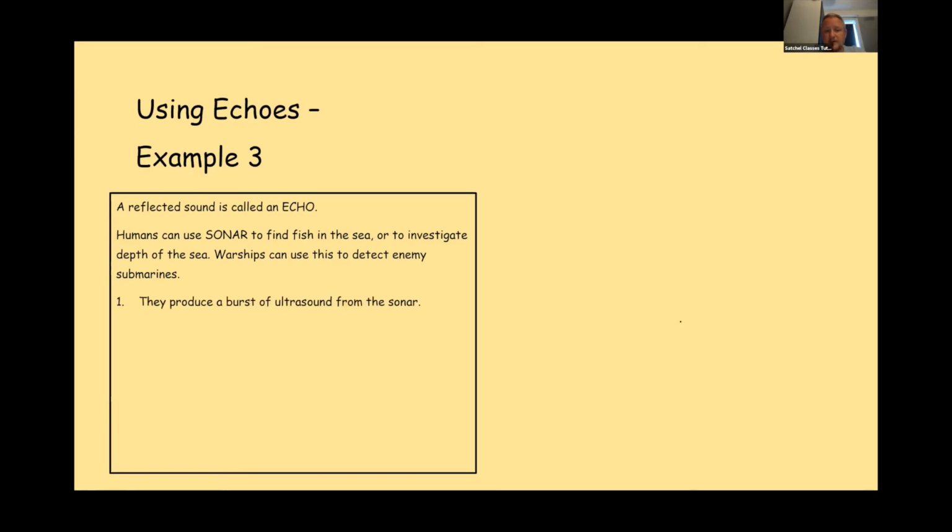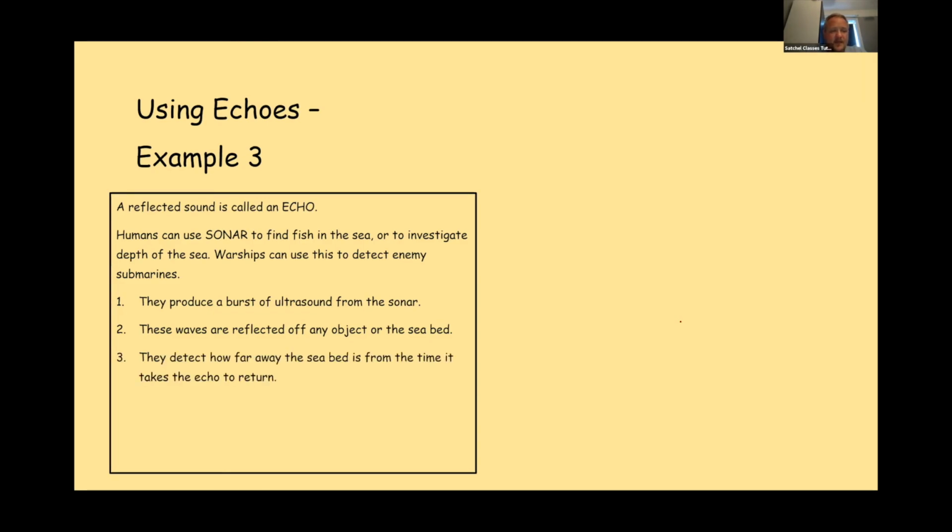The way that it works is they have a sonar set up with a speaker, and that burst of ultrasound is emanated from the speaker into the water. The waves are reflected off any object, or if they're investigating the depth of the sea, the seabed. They detect how far away the seabed is from the time it takes the echo to return.